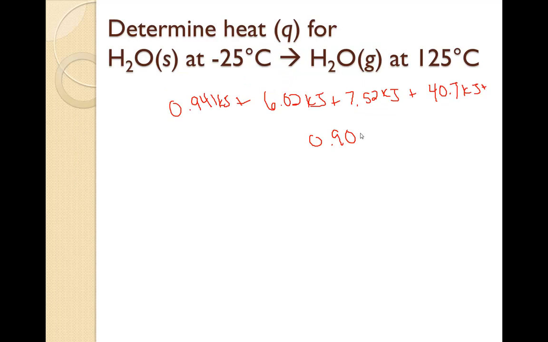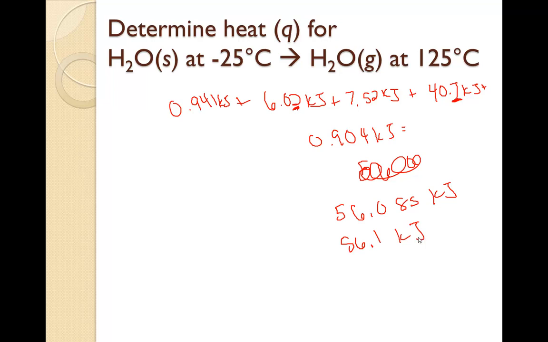That comes out to be 56.085 kilojoules. Looking at significant figures, one value goes out to the hundredths place, another goes out to the tenths place, so it's going to be 56.1 kilojoules. And that's how you use the heating curve.